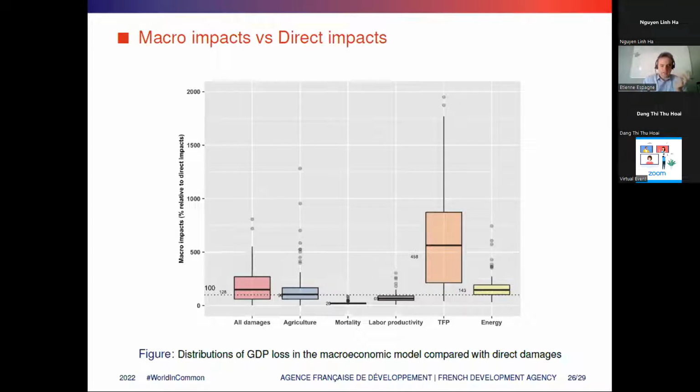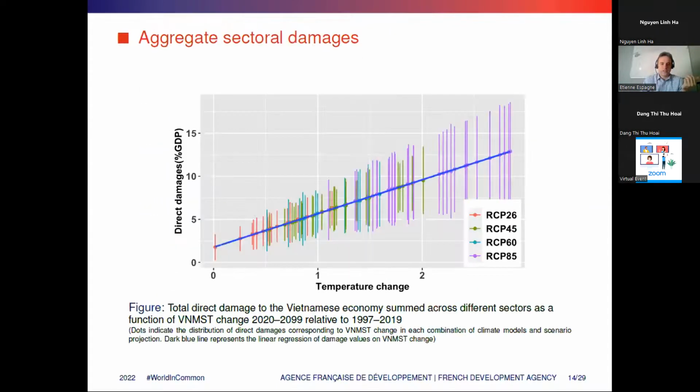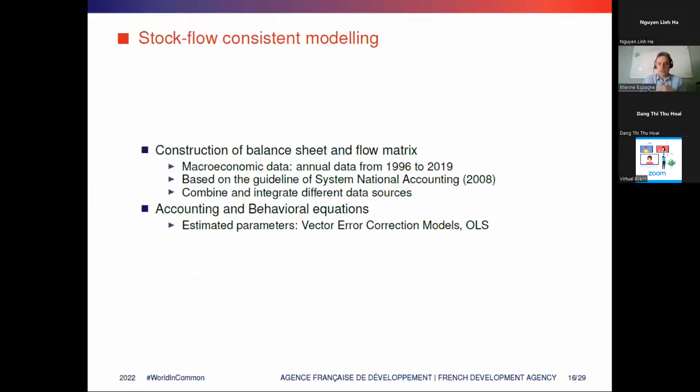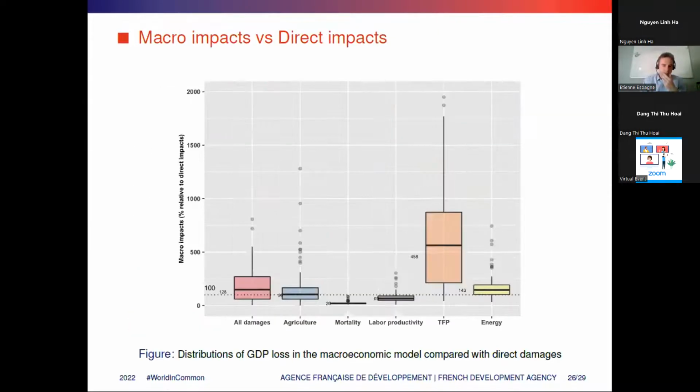An interesting exercise again was to compare the direct damages that I showed earlier to the macroeconomic damages that I show here. And you can play by showing when you just consider agriculture damages, not the rest of the damages.